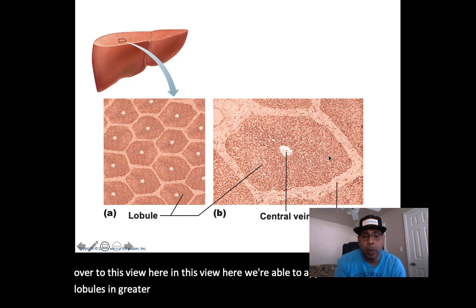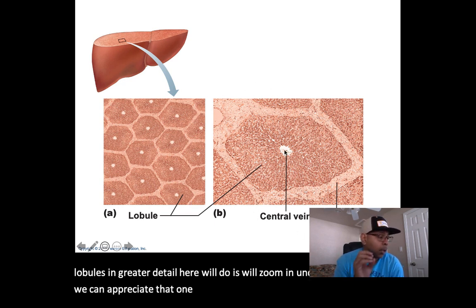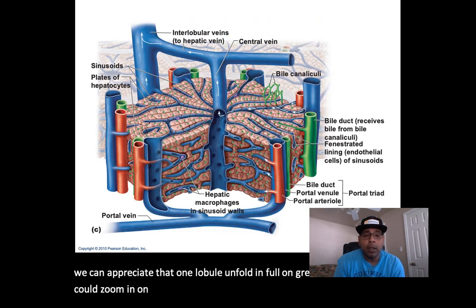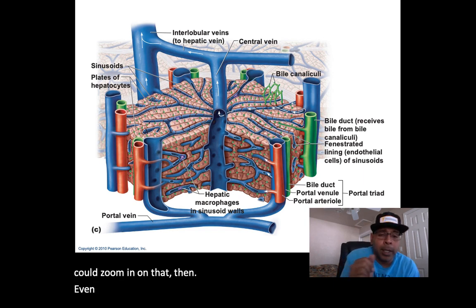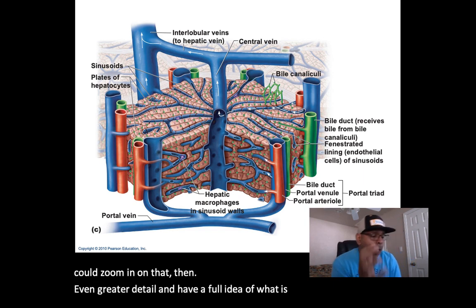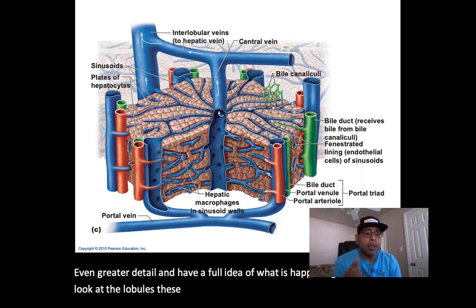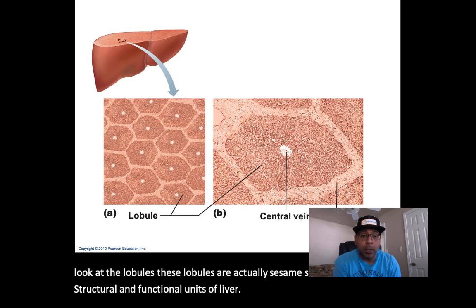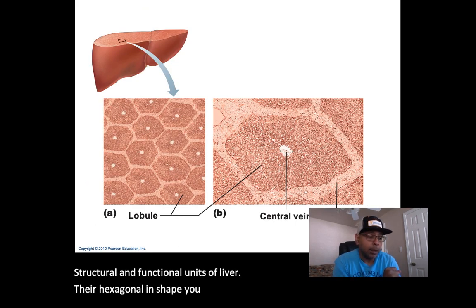Here we'll zoom in on one lobule and see it in full detail, and even greater detail, to get a full idea of what is happening. These lobules are sesame seed sized structural and functional units of the liver. They're hexagonal in shape. You can see that there.